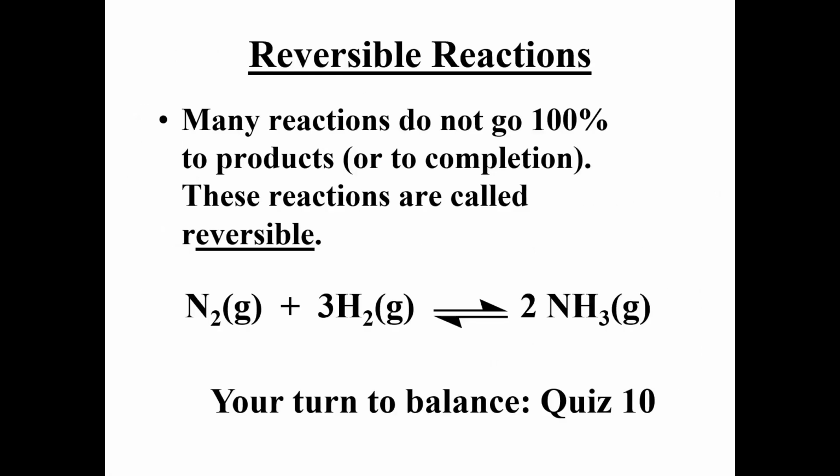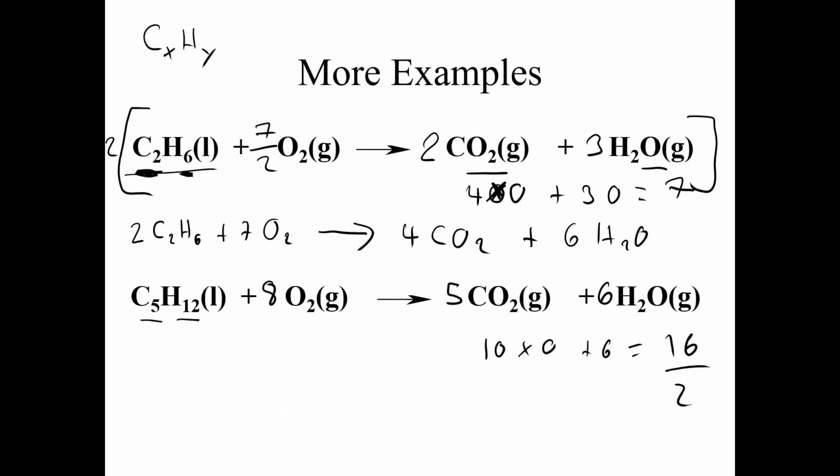Sometimes what you will see instead of a reaction arrow, and you balance it the same way, it changes nothing, is an equilibrium arrow. When you burn a hydrocarbon, when you burn a piece of wood, there's no going back, right? When this reaction is done, let's say you have 100 grams of C5H12.